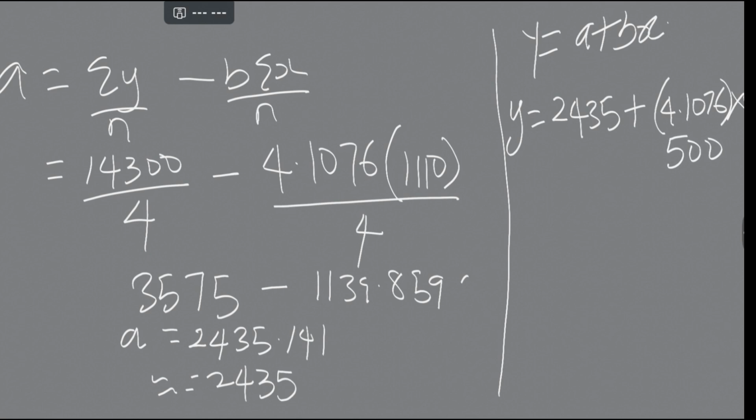So we have 2,435 plus 2,053, which is going to give us 4,488.8.